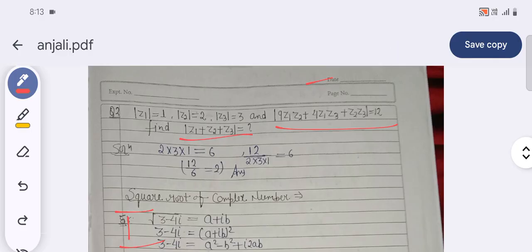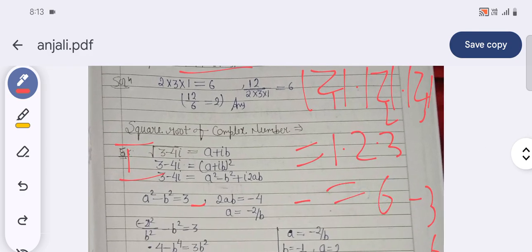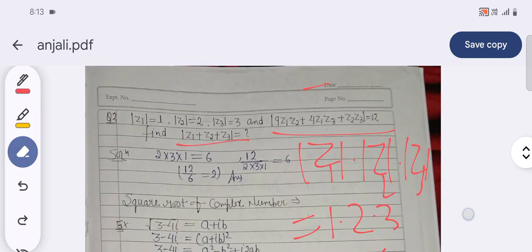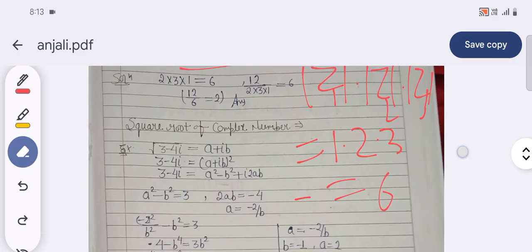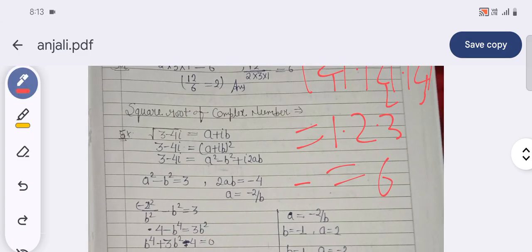It is clear? So first of all, you multiply mod of Z1, mod of Z2 and mod of Z3. This will be 1 into 2 into 3. This will be 6. And you have given a relation. This value is 12.